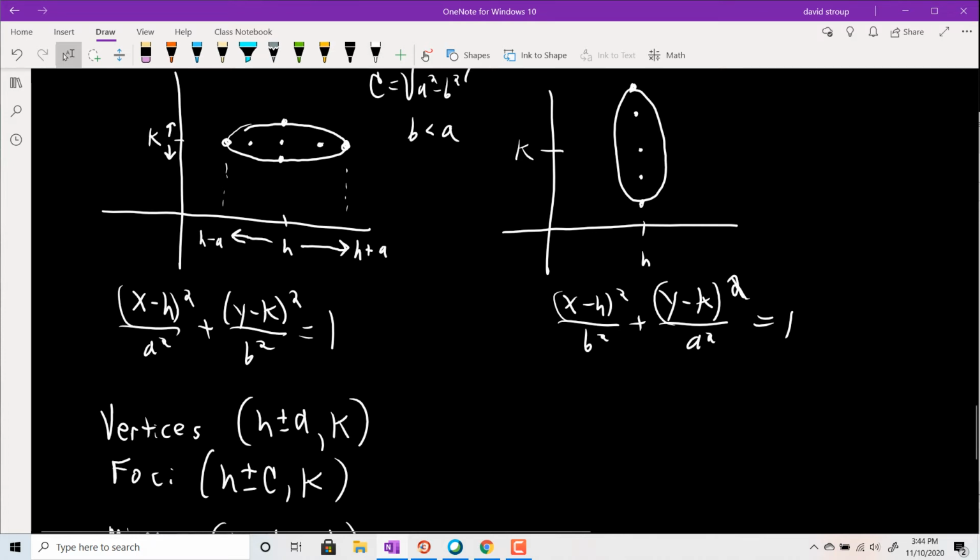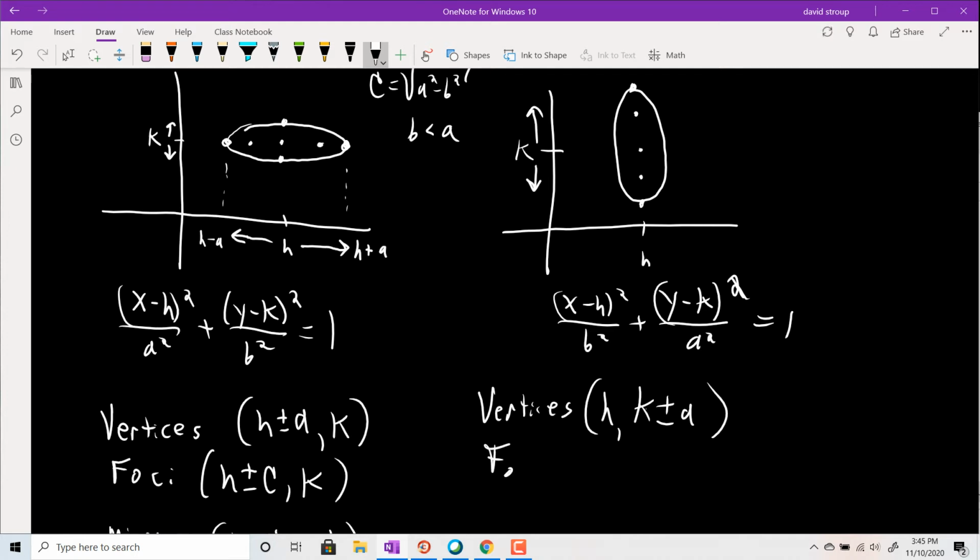Okay, so for the vertices this time, what you're doing is moving up and down. Okay, so h, the x-coordinate, isn't going to move, but you'll move up and down by a to get to the vertices. So it's plus or minus, the y value is what you're moving up and down, so not the h, but the y. Okay, so h comma k plus or minus a, and then the foci are the same spiel, so it's h comma k plus or minus c.